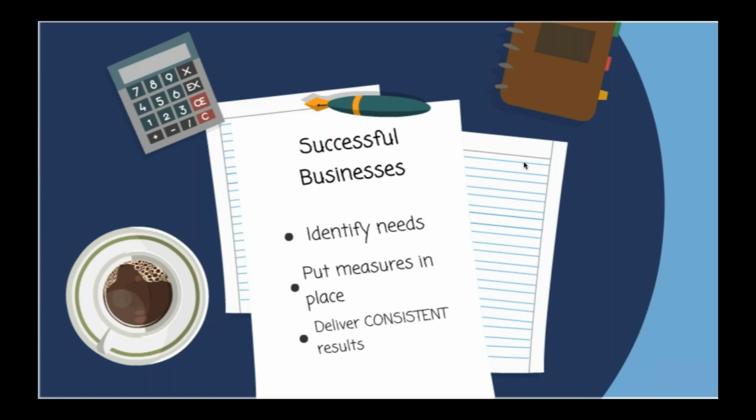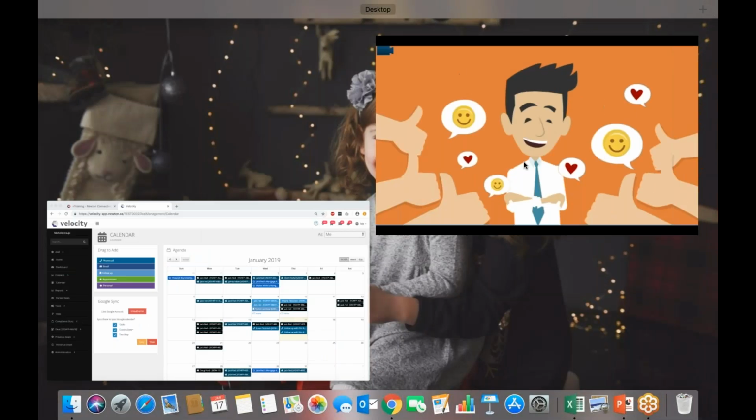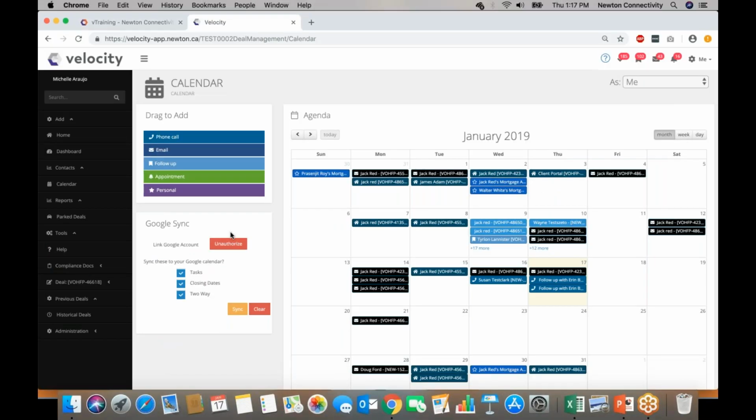It helps you to get consistent results and to make sure that nothing ever gets missed and to get more likes and happy clients at the end of the day, by not having so many moving parts that can be forgotten. So let me jump in and show you what I'm talking about here.